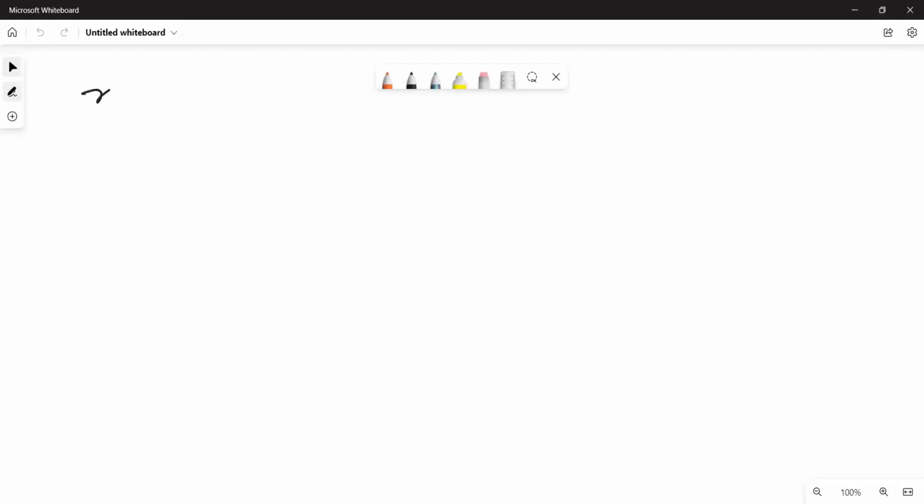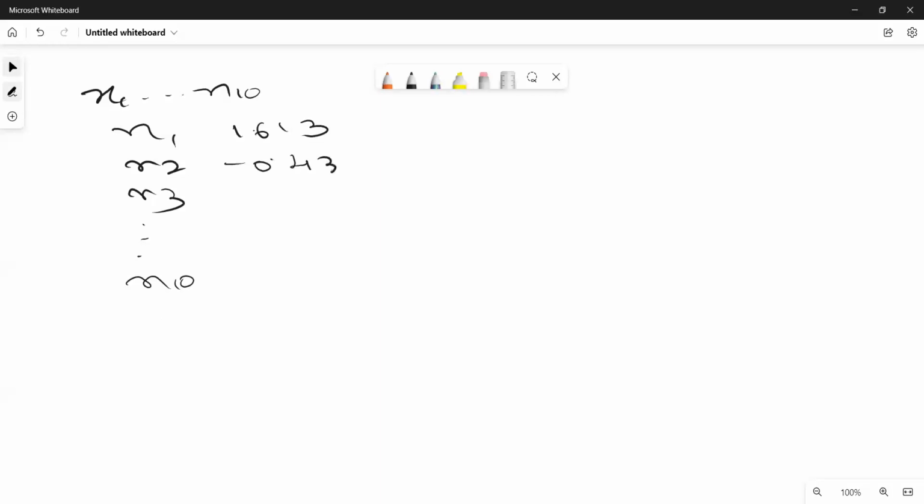So if you have, let's say, 10 features, it is going to give a score for each of these features. So let's say X1 is 1.613, X2 is minus 0.439, this is 115.37, and like that, it will give you a score.